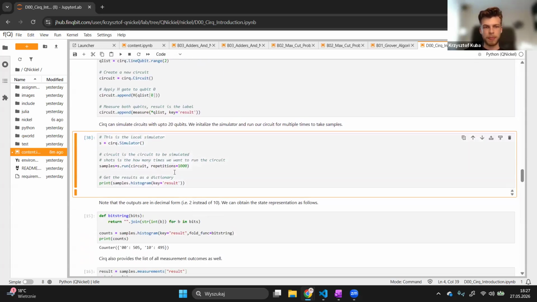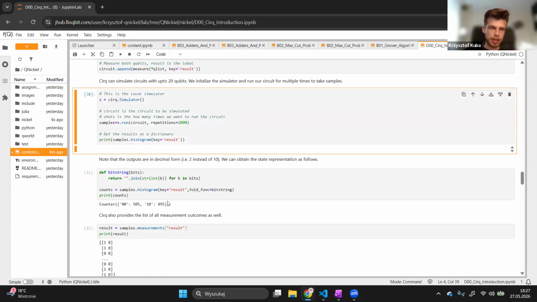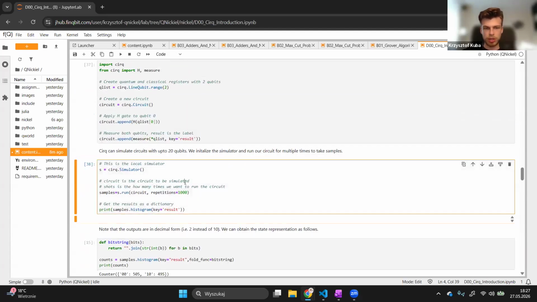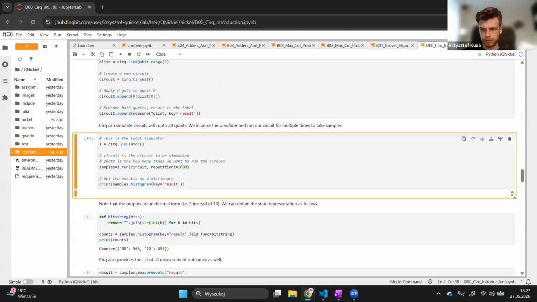histogram of the results. And as you can see here, it's very strange. Because we have measurement two measured 527 times and zero measured 473 times.